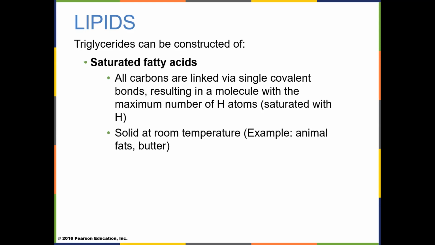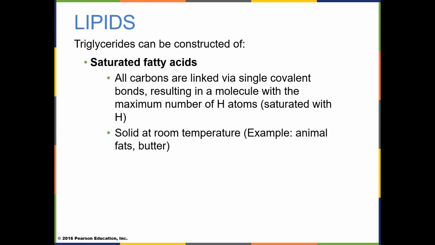Lipids, triglycerides that are solid at room temperature are saturated fats. All the animal fats: you have a piece of meat and you trim the fat off of it, lard, animal shortening, if you will, and butter.